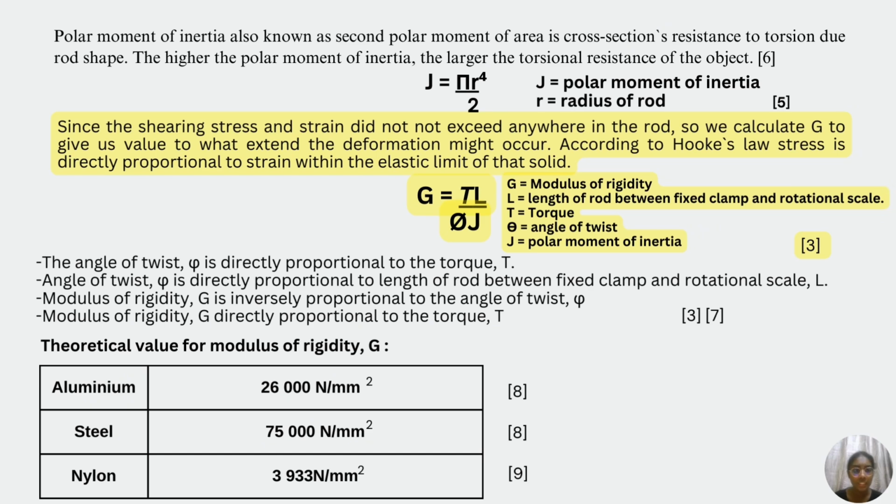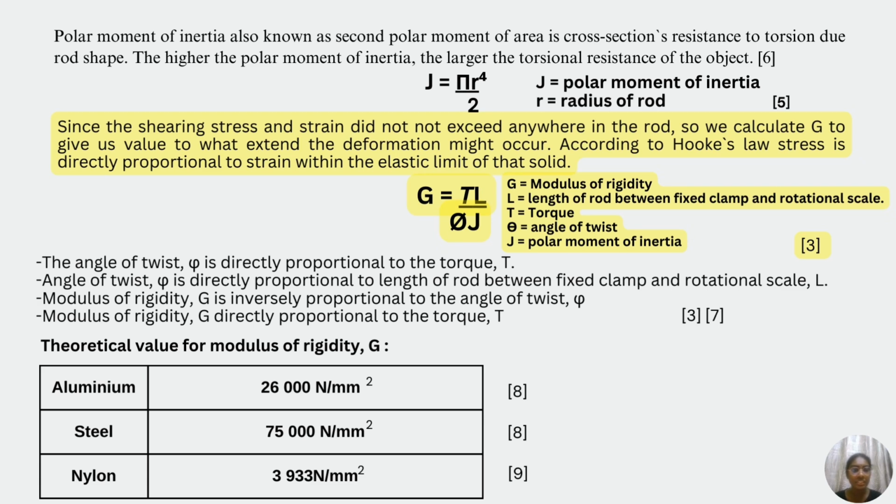Polar moment of inertia, also known as second polar moment of area, is a cross-section's resistance to torsion due to rod shape. The higher the polar moment of inertia, the larger the torsional resistance of the object. It can be calculated using the formula polar moment of inertia equals pi r to the power of 4 divided by 2. According to Hooke's law, stress is directly proportional to strain within the elastic limit of that solid.